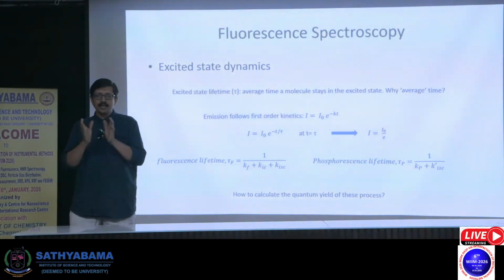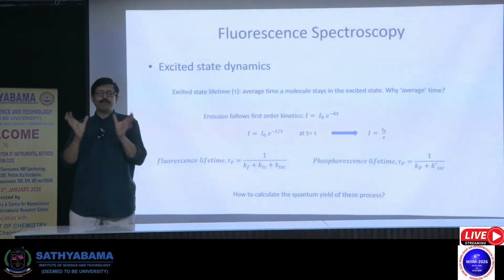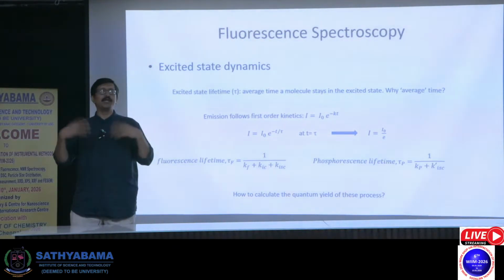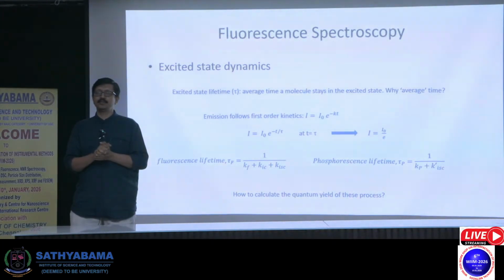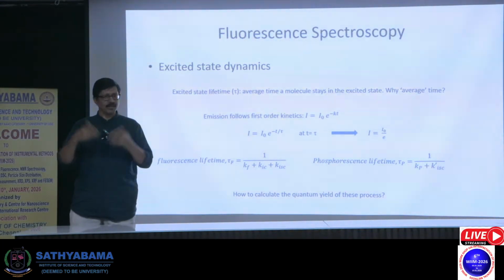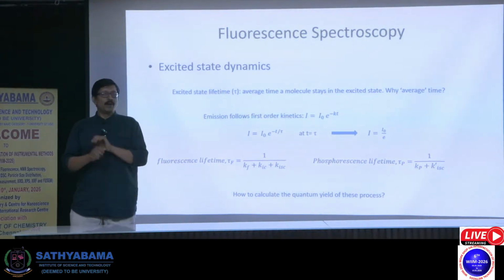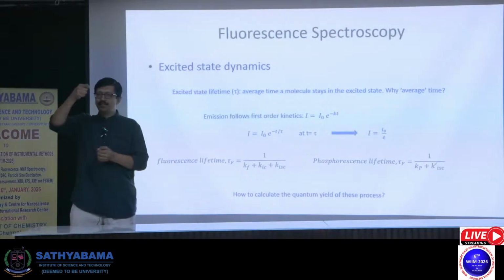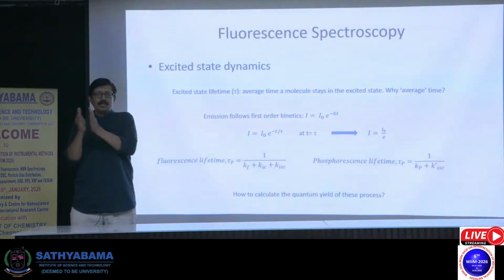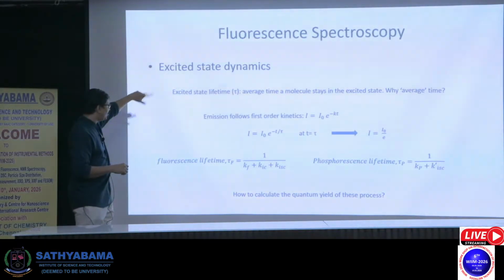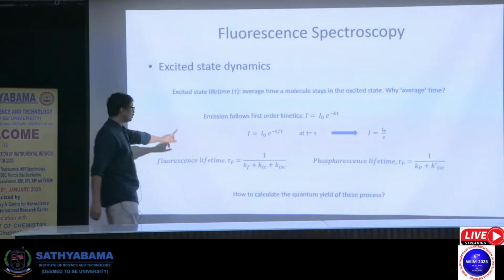All these things lead to a particular fact that emission is a spontaneous process, which means if you excite 1 mole of anthracene or any chemical species, the electrons will come from S1 to S0 in a purely probabilistic fashion. You cannot control it. So after excitation, time T0, whatever the measurement, that's the reason the excited state has an average lifetime. So lifetime and the rate constant are inversely connected.